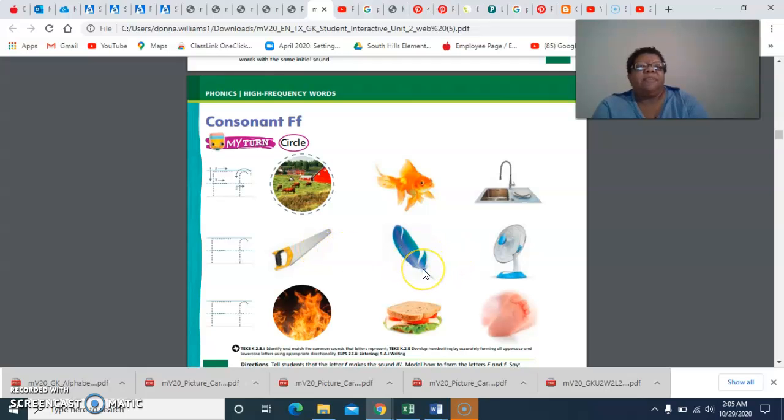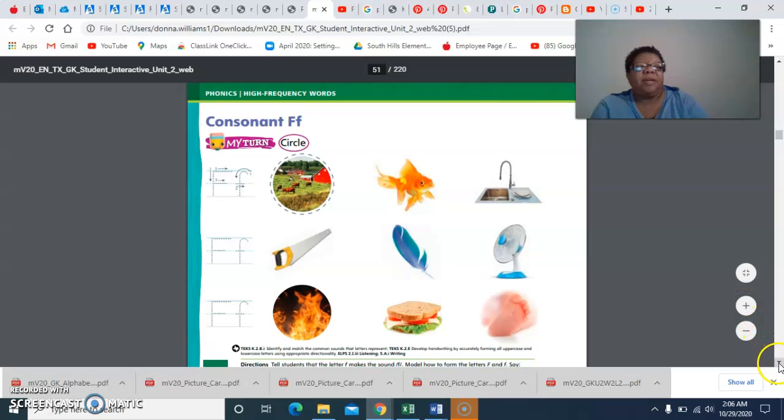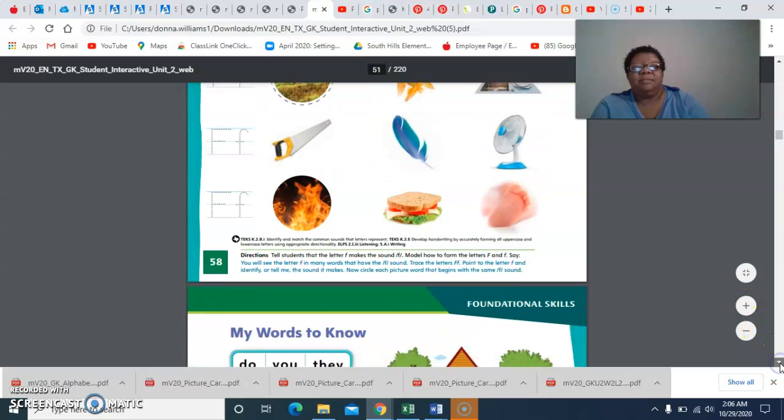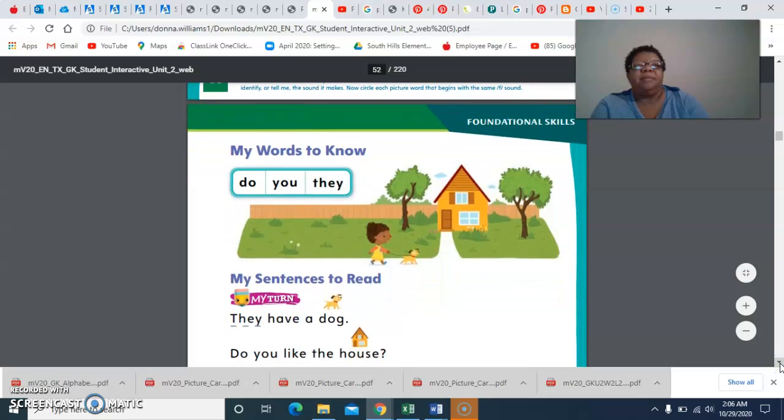Saw, feather, fan. Fire, sandwich, footprints. Find the ones that start with F or make the sound. See if your parents can help you to figure out those answers. See if you got it right.